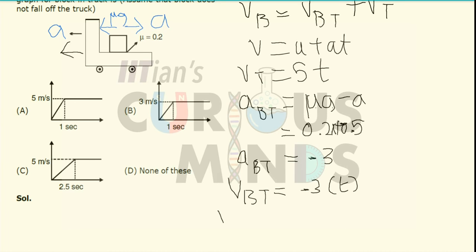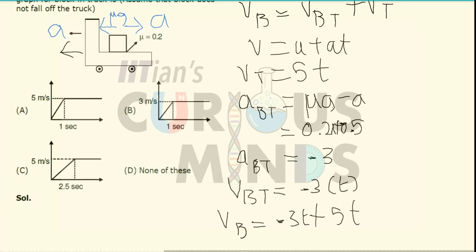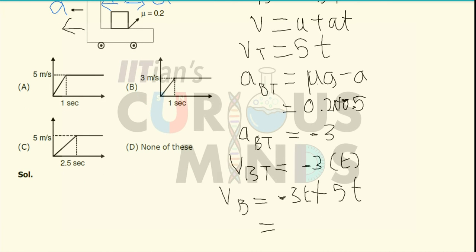The velocity of the block with respect to ground will be equal to v_bt plus v_t, which is minus 3t plus the truck's velocity at, where the acceleration is given as 5, so 5 into t. So basically it will be equal to minus 2t, or sorry, plus 2t with respect to the ground.